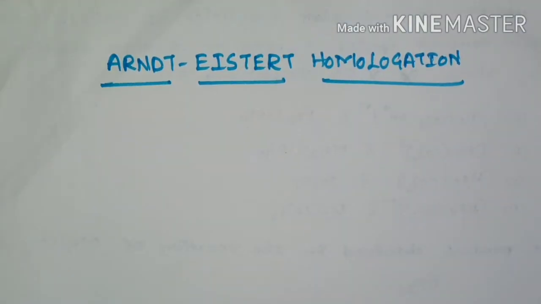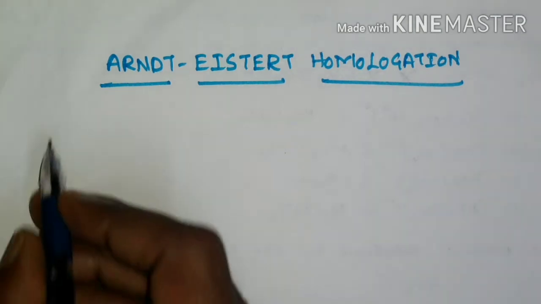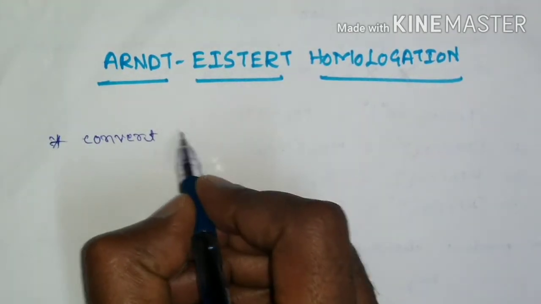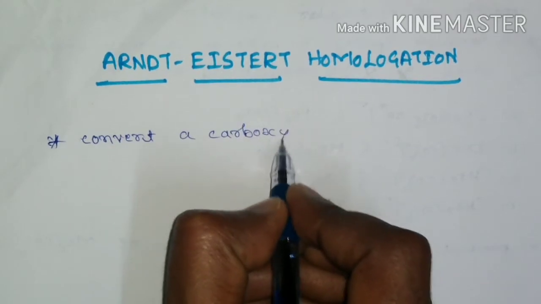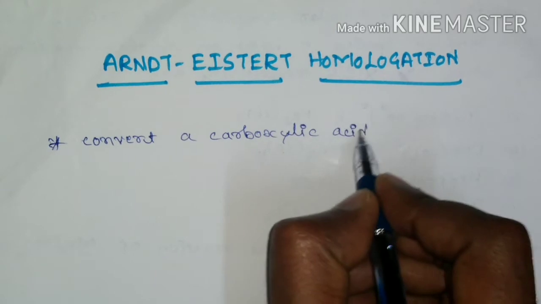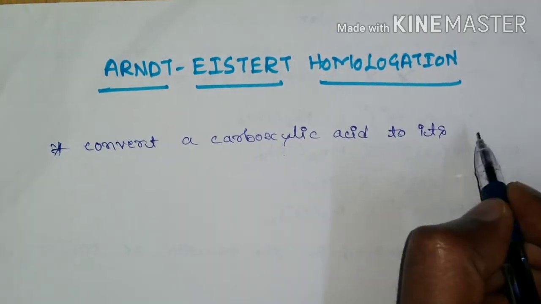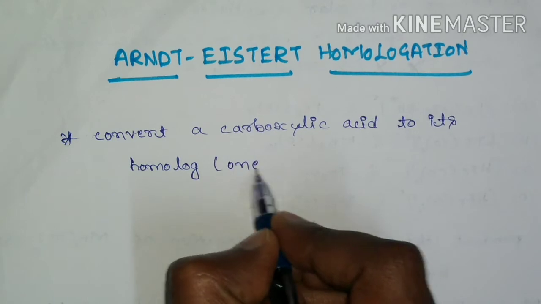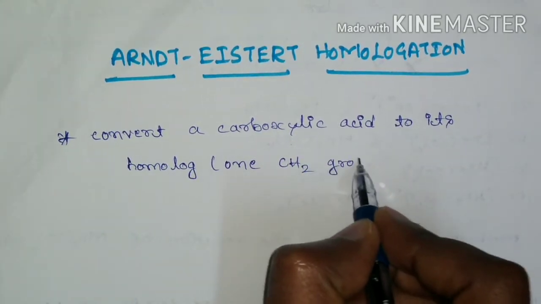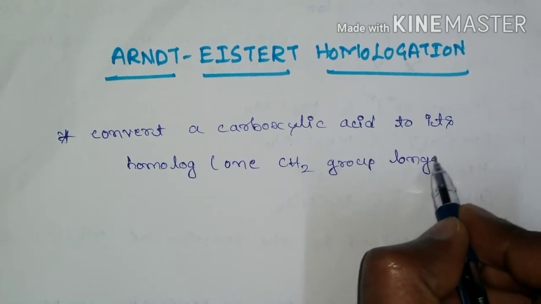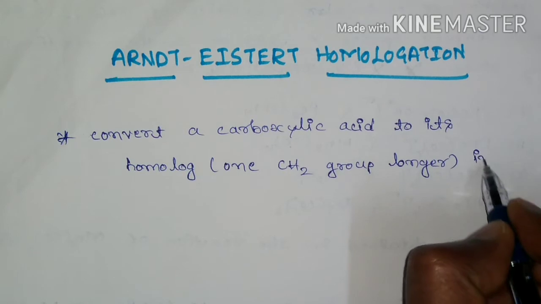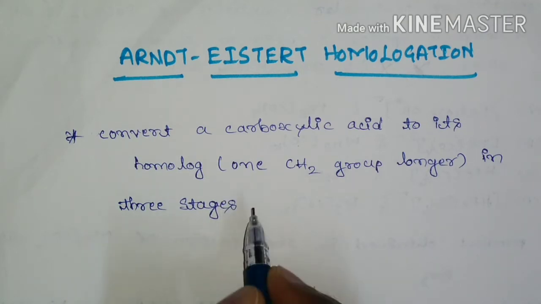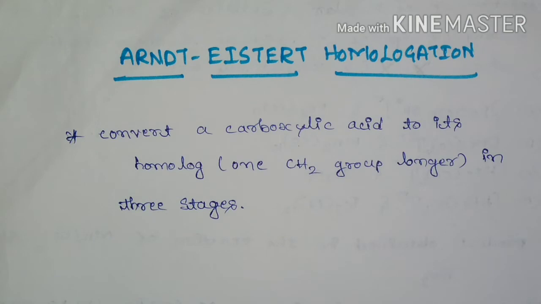In this Arndt-Eistert homologation, what we are going to do is convert a carboxylic acid to its homologue, that is one CH2 group longer, in 3 stages. This is known as Arndt-Eistert homologation.